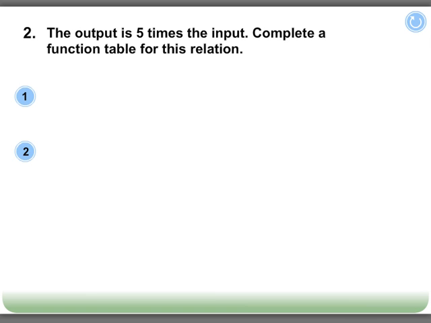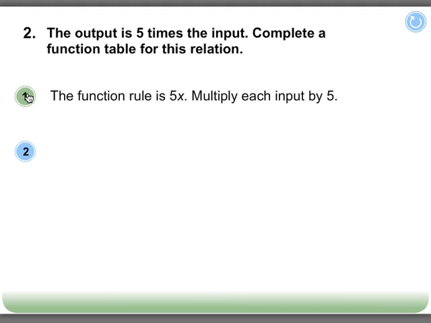Now on this one, the output is 5 times the input. So the answer is 5 times, yes, that's multiplication, the input, which will be x. Okay, so we're going to complete a function table for this relation. So the function rule is 5x because it's 5 times the input, and the input is x, or any variable you wanted to use. The most common one we use in algebra is the x though, okay?